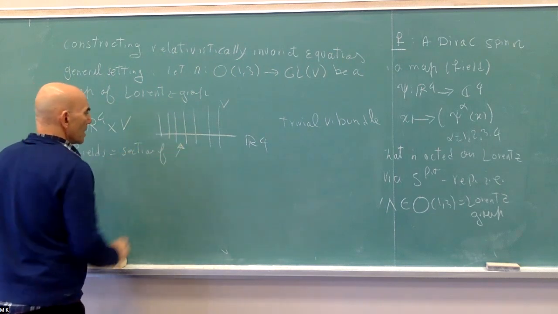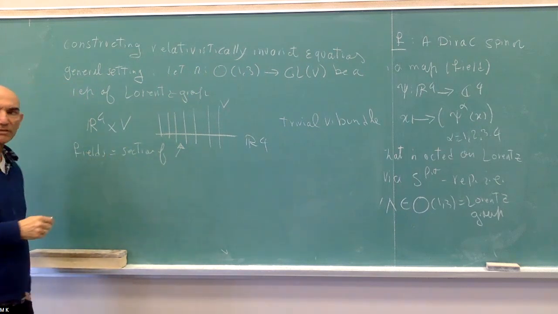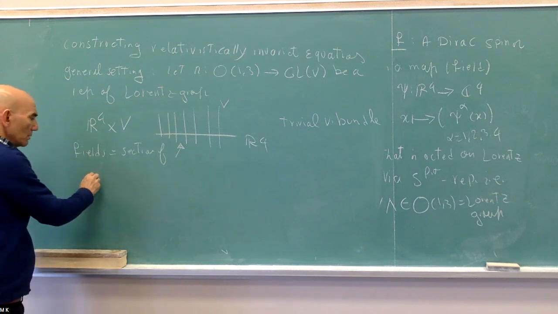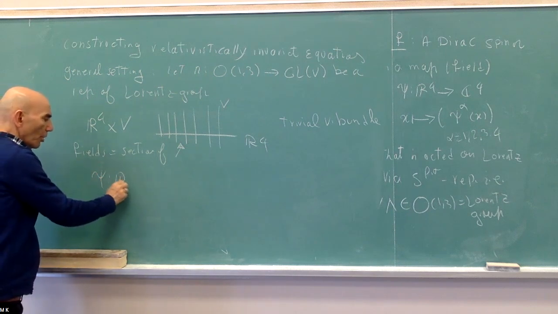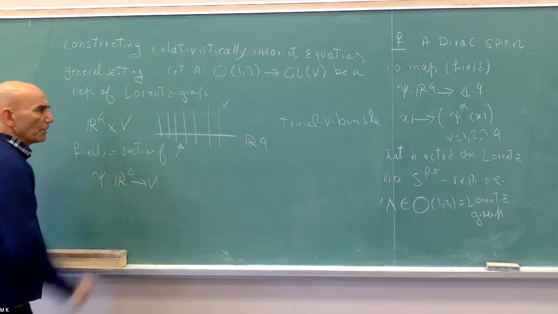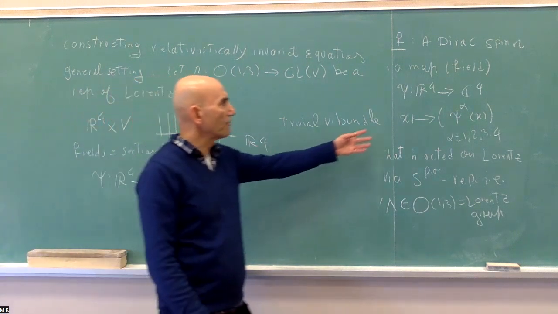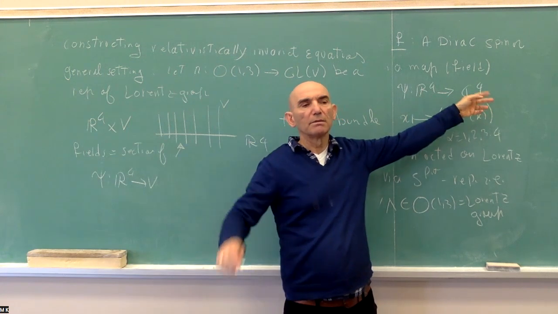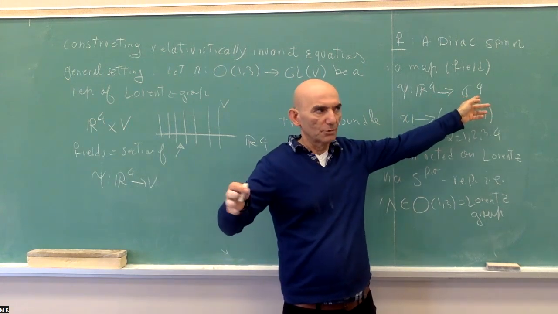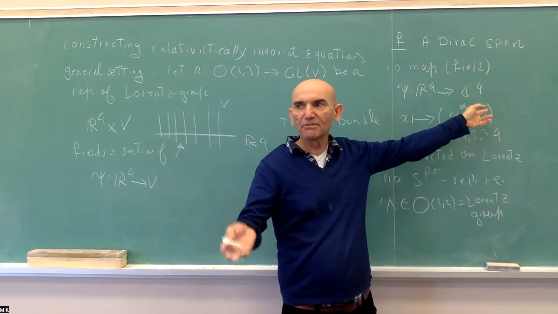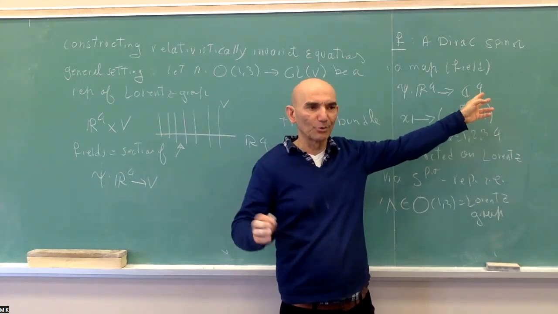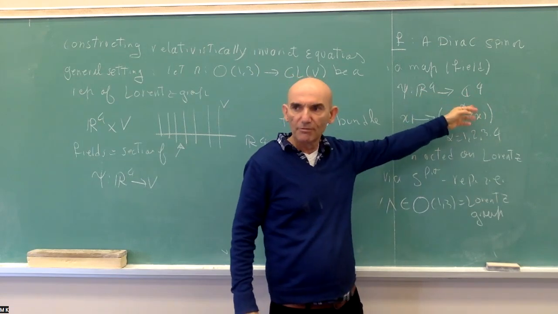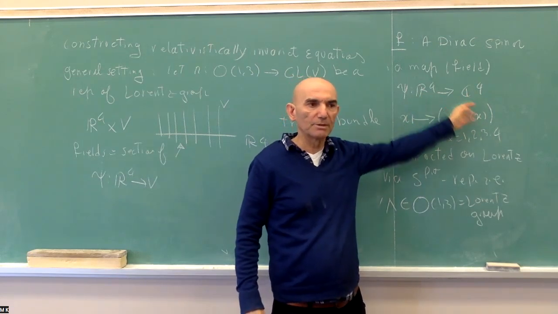Because everything is trivial here, basically fields are maps from R4 to V. We had one example, the Dirac fields that go from R4 to C4, and notwithstanding the question of lifting that representation to the Lorentz group, imagine it is, then this is a field with respect to that representation.